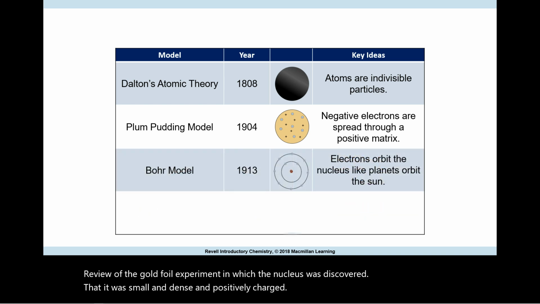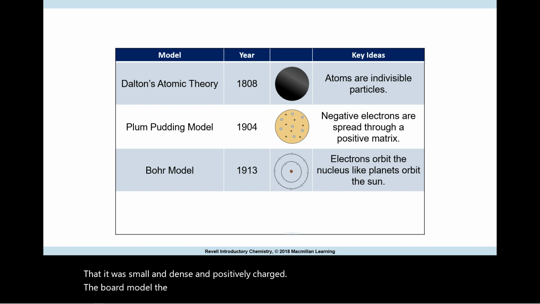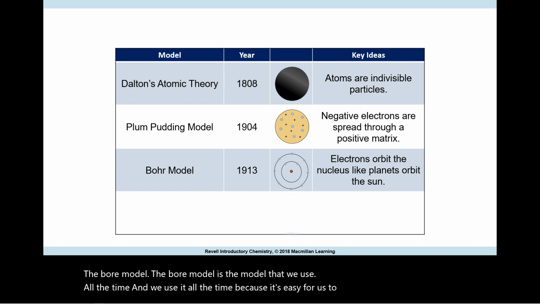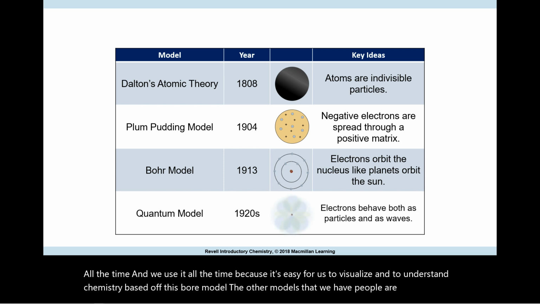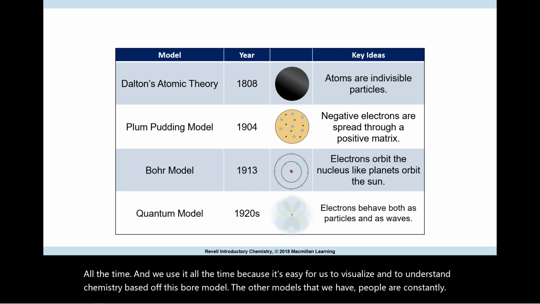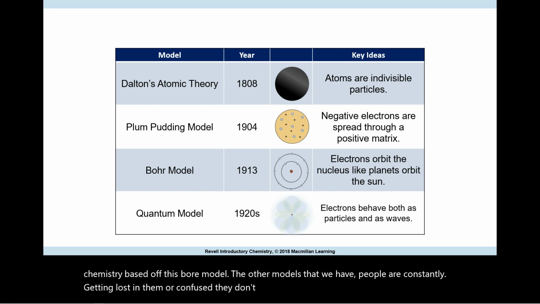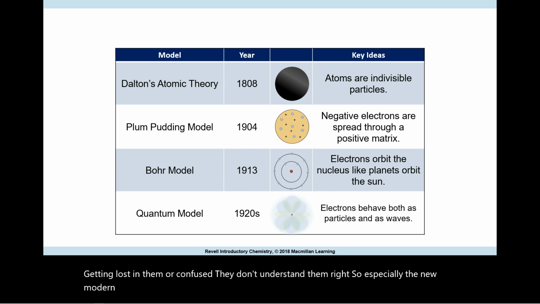The Bohr model. The Bohr model is the model that we use all the time, because it's easy for us to visualize and to understand chemistry based off this Bohr model. With the other models, people are constantly getting lost or confused. They don't understand them, especially the new modern model, because the electrons are free moving in those models.